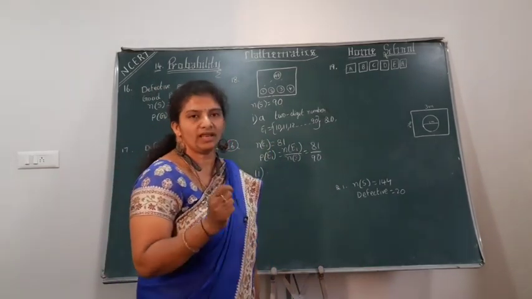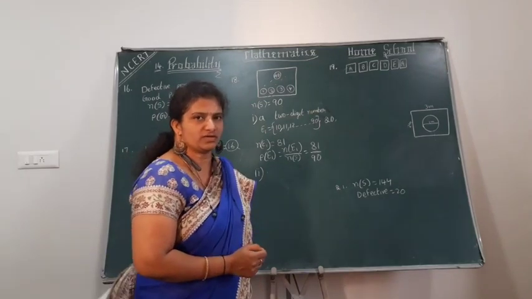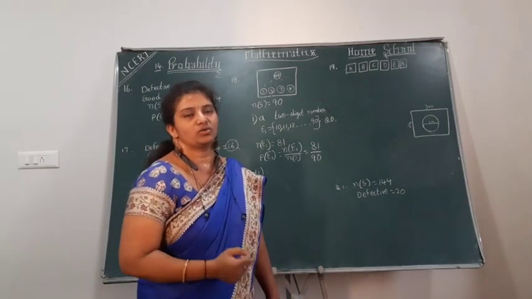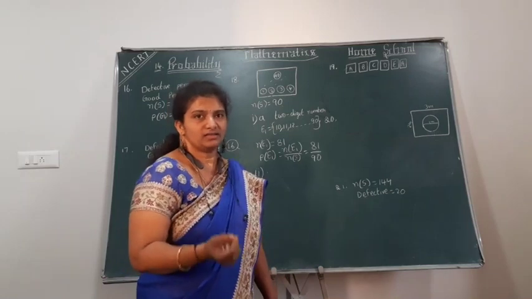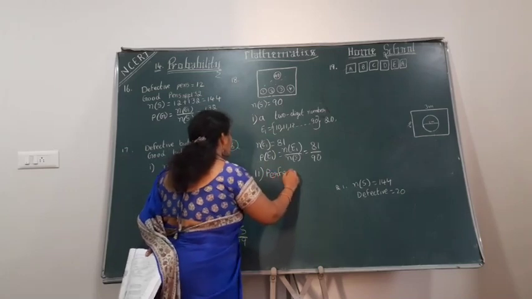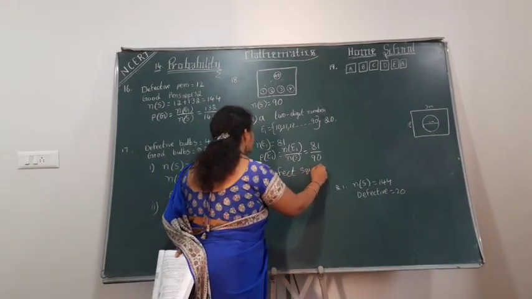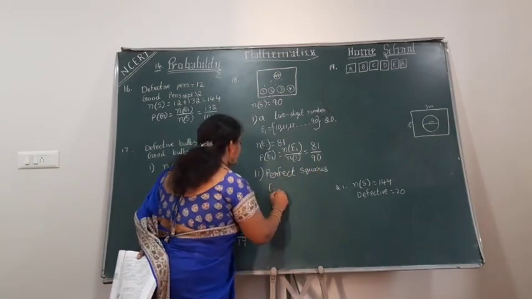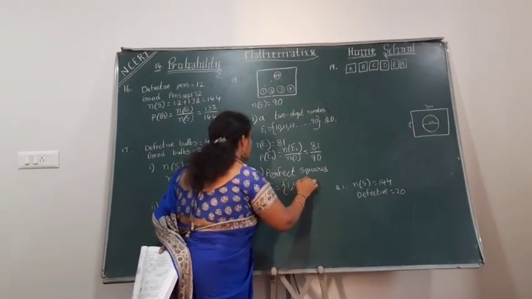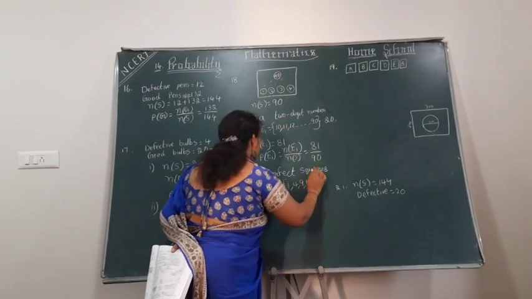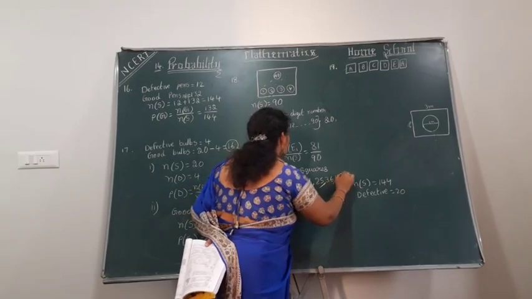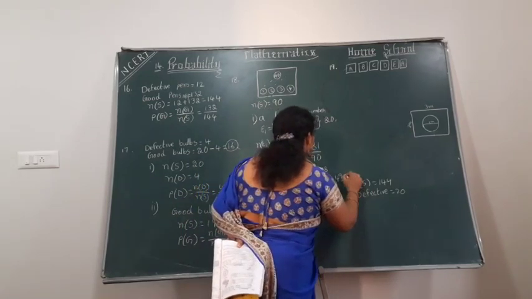Coming to your second question: a perfect square number. Everybody knows about the perfect squares. We must have read the perfect square table. 1 one is 1, 2 twos are 4, 3 threes are 9. Like this. Let's start writing. Perfect squares. Let the event be E2. E2 is equal to 1, 4, 9, 16, 25, 36, 49, 64.